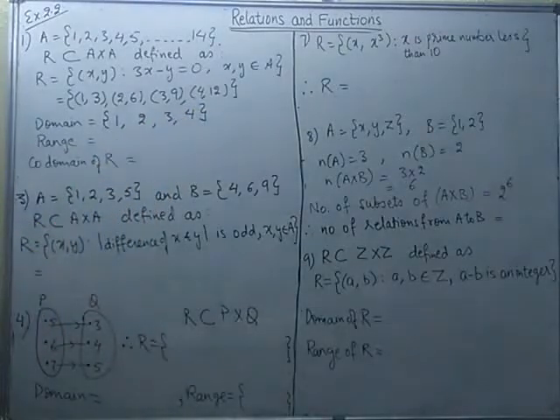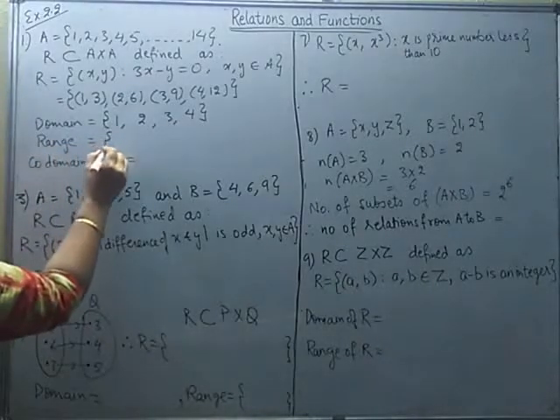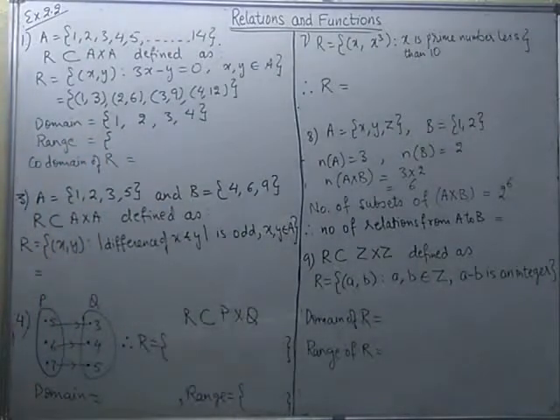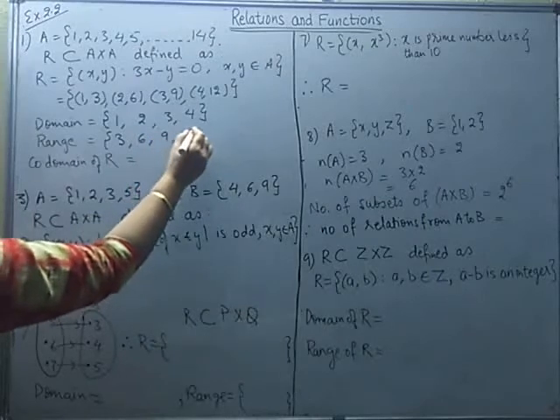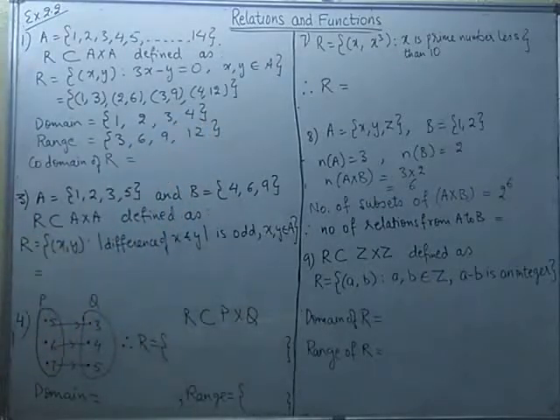So this set which contains all the first elements of the given ordered pairs, that will be the domain. In the same way, range consists of all the second elements of the pair in the relation. So these are the 4 values for Y, 3, 6, 9 and 12. So set containing these 4 numbers is the range.